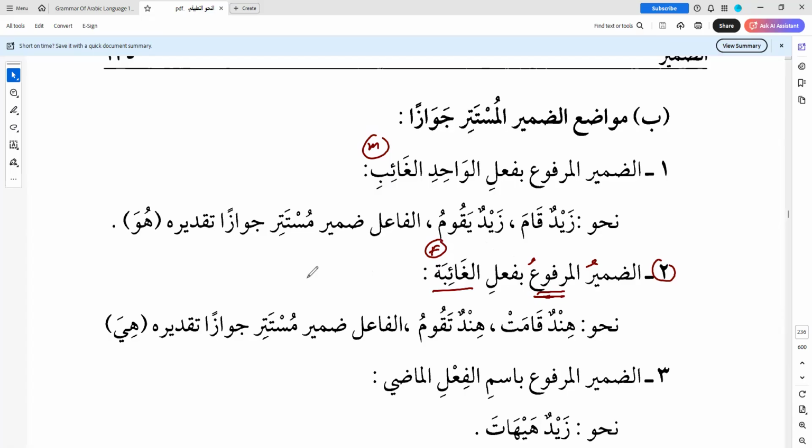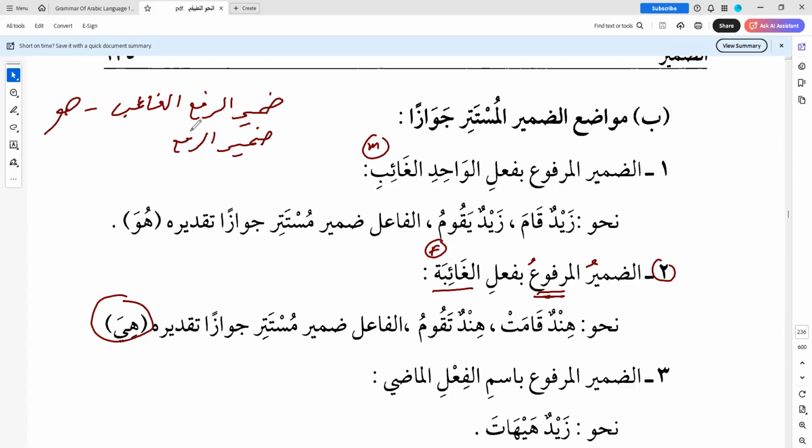So we can deduce that ضمير الرفع للغائب is هو, and ضمير الرفع للغائبة is هي.